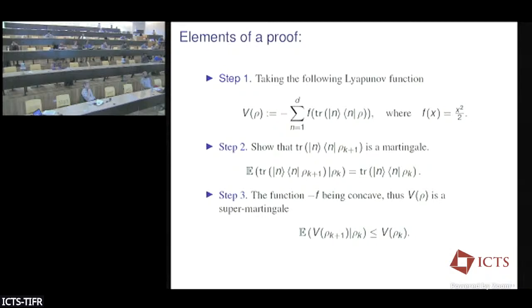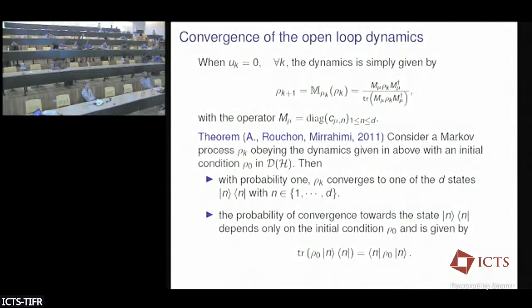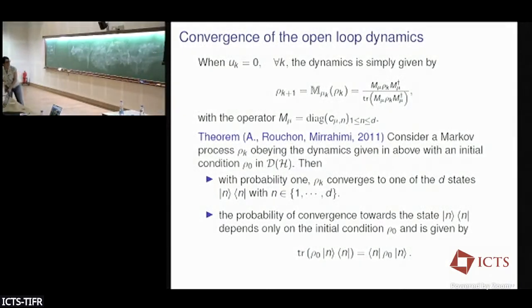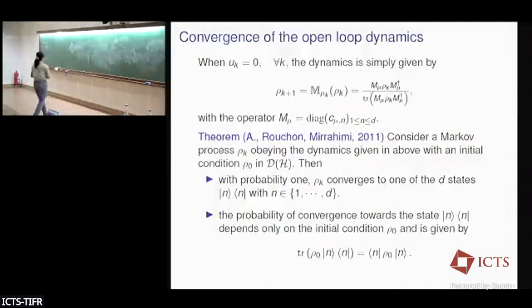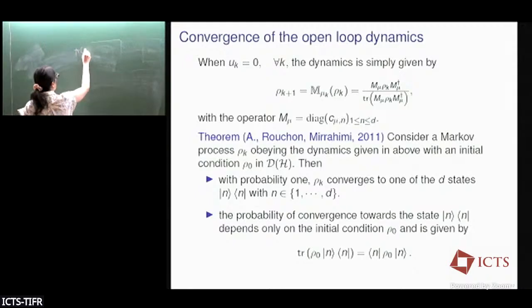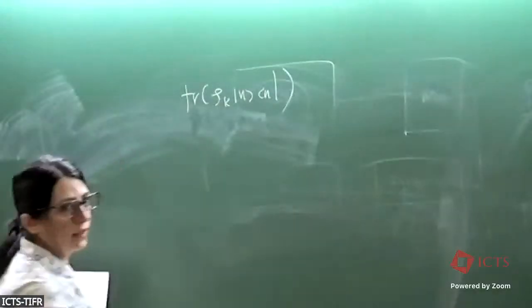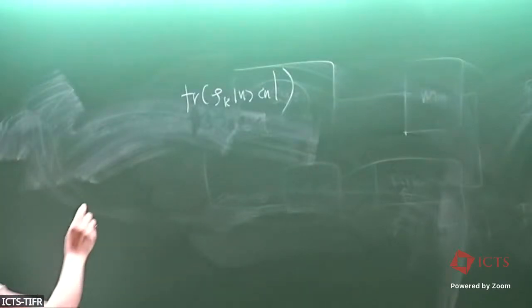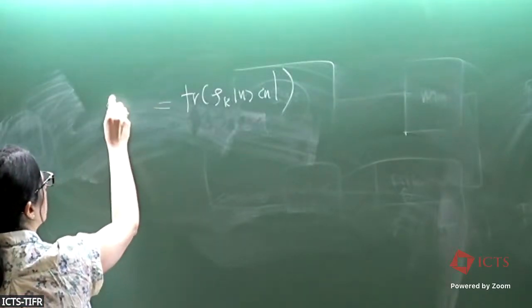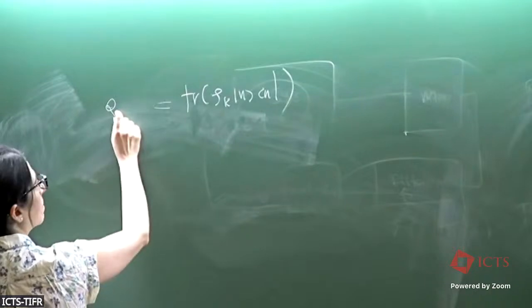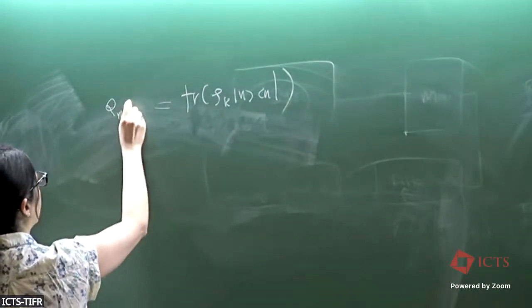First, I will show that the population, which is the trace of rho k times n, is a martingale. I will call this the population, which is q_n,k for example.